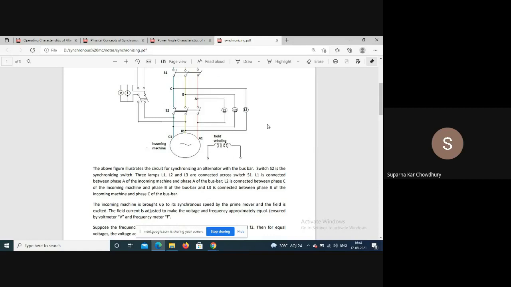But if it is connected to the bus bar, its terminal voltage cannot change, because there are so many machines connected to the bus bar, and this machine's capacity is very small compared to the system. So by changing the excitation of one machine, we cannot change the bus bar voltage. The bus bar voltage and frequency remain substantially constant. So let us see what changes if we now change the machine excitation.